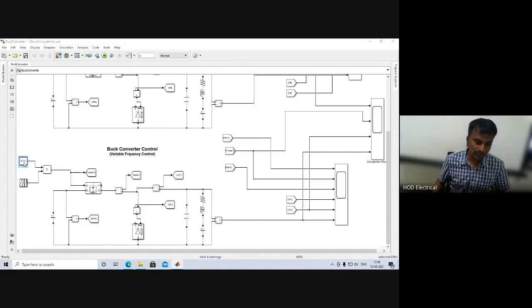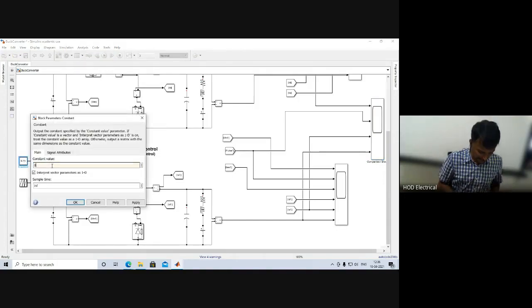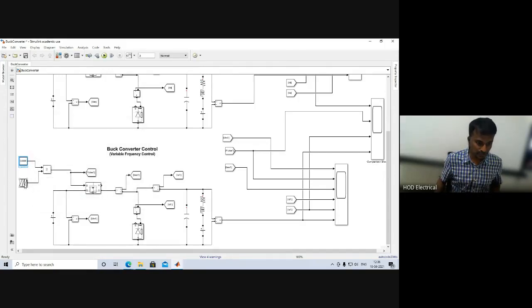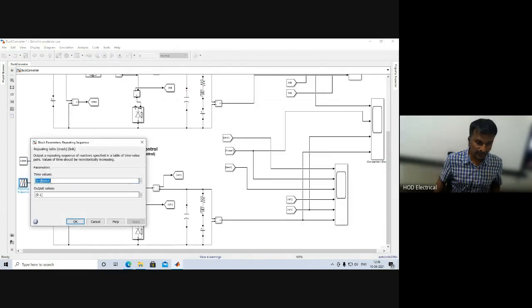For that, what I am going to do here is take delta duty cycle value as 0.666, and the frequency instead of 5 kilohertz, I am taking 1 divided by 6.666 kilohertz, otherwise 6 kilohertz.